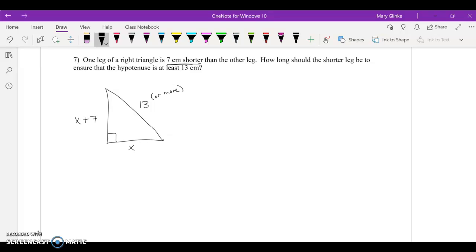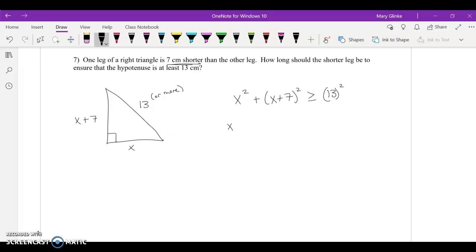Okay? So what we want to do is we want to set up an equation. A squared plus b squared is compared to c squared. But we want the hypotenuse to be 13 centimeters or more. And so we want the legs squared to give us greater than or equal to 13, because if they're greater than, then you'd have a different right triangle, and the hypotenuse would be bigger than that.